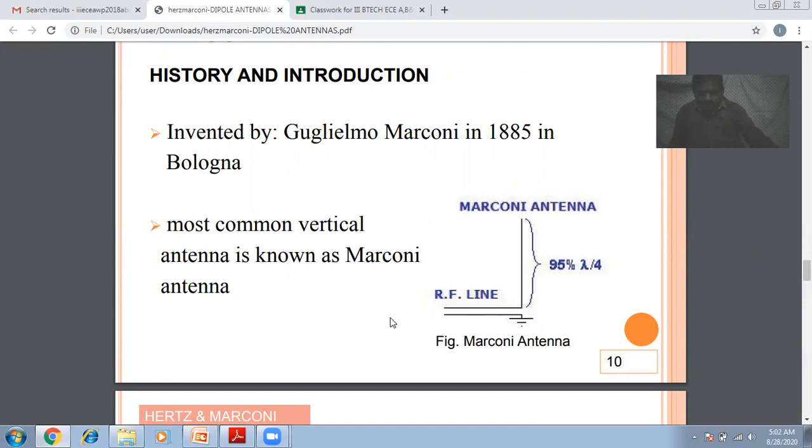This ground is acting as a reflecting plane for this antenna. Whatever antenna is there above the ground is seen inside the ground. So this ground is acting as a mirror. It operates on the principle of the image concept.